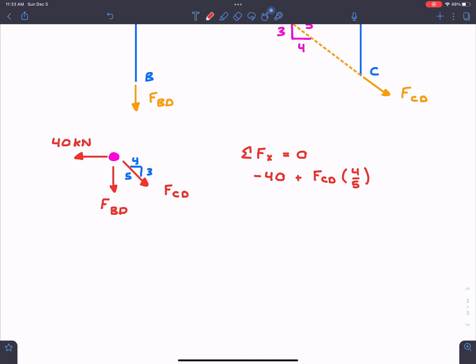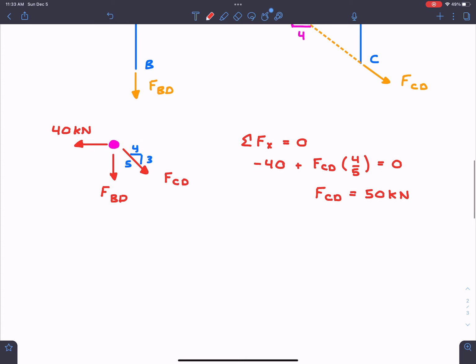We can solve for this because it has to be equal to 0. So the force in hinge CD has to be equal to 50 kilonewtons. And the nice thing is that our assumed direction was correct.